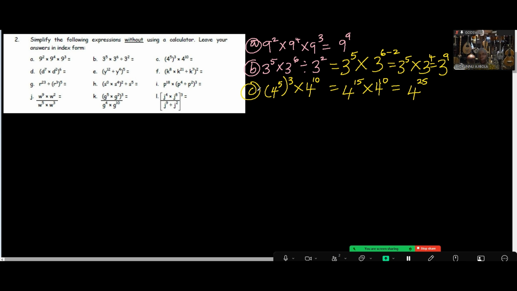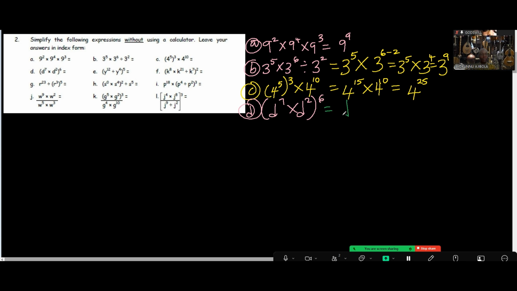Option D. For option D, we have d raised to the power 7 times d squared, everything in bracket, raised to the power 6. So the 7 has the power of 6, and the 2 also has the power of 6. So we multiply them.